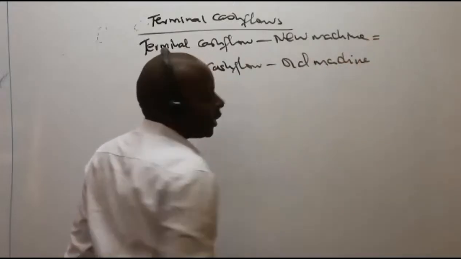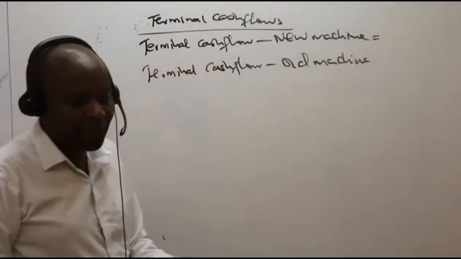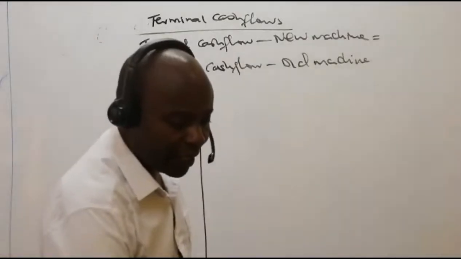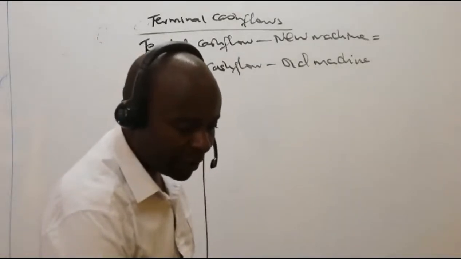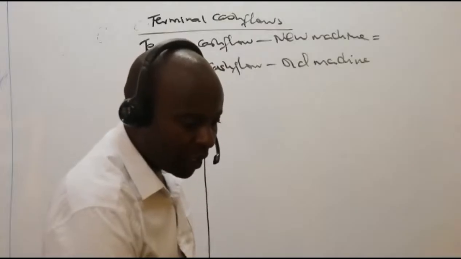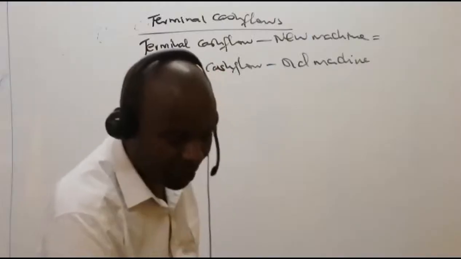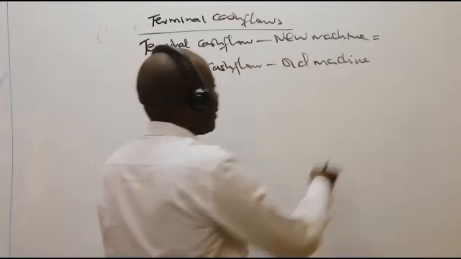Has the examiner given us the terminal scrap value of the new machine? You can see the scrap, ladies and gentlemen, is 600. This new machine, the terminal cash flow is 600.